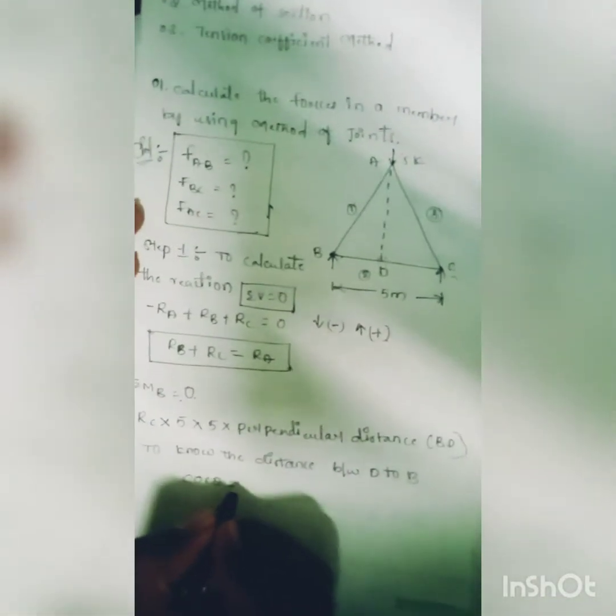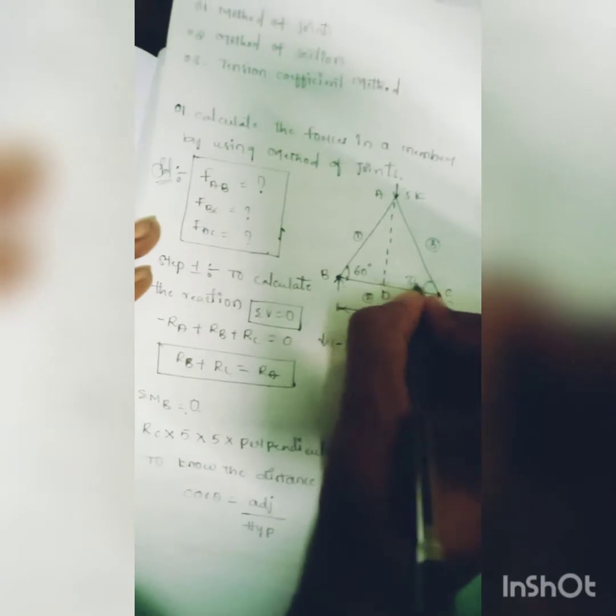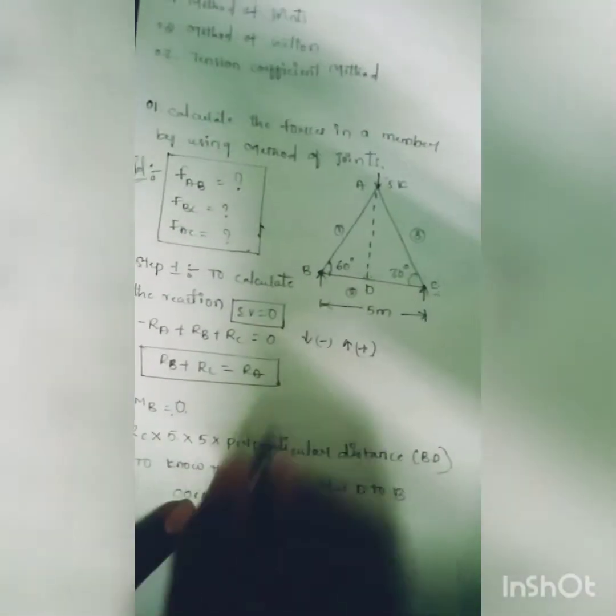What is cos theta? Cos theta is nothing but adjacent by hypotenuse. Here the angles given are 60 degrees and 30 degrees.